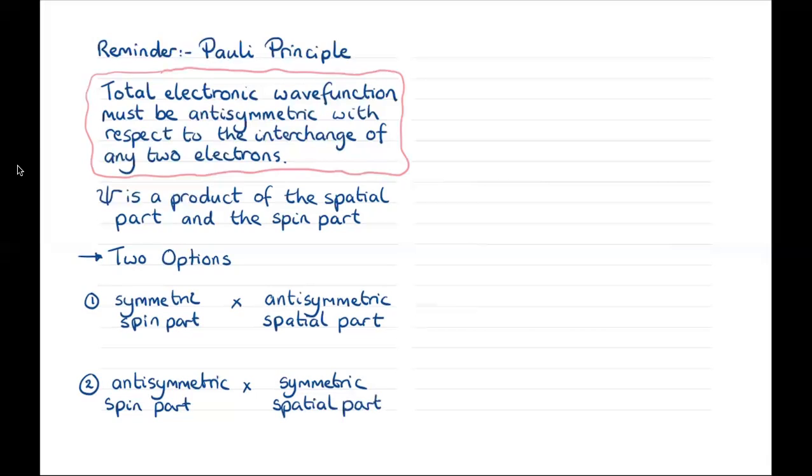And a symmetric spin part, what it means if the spin part of the wave function is symmetric, is when I exchange the two electrons, I exchange their spins, then the wave function remains unchanged. And that's the case when I have both of my spins parallel. If I now swap the spins, my wave function doesn't change.